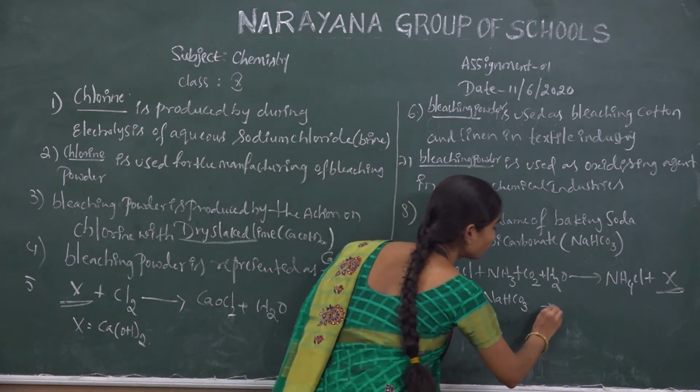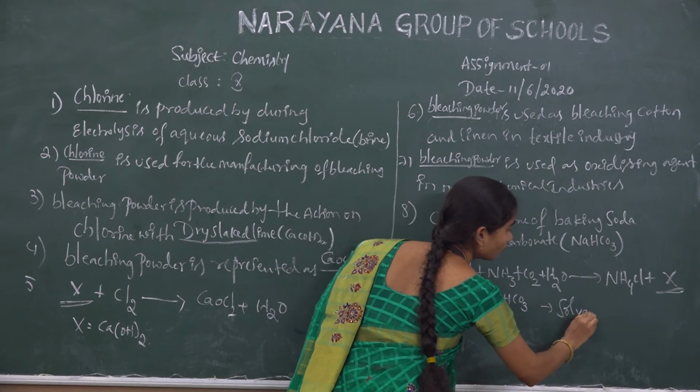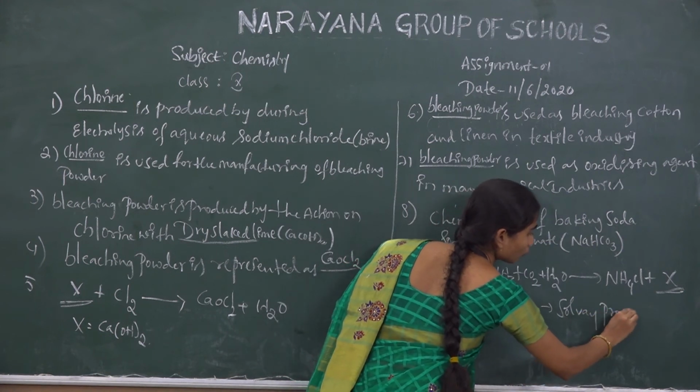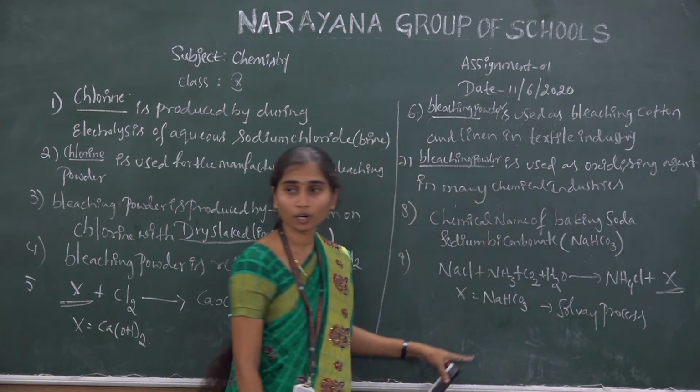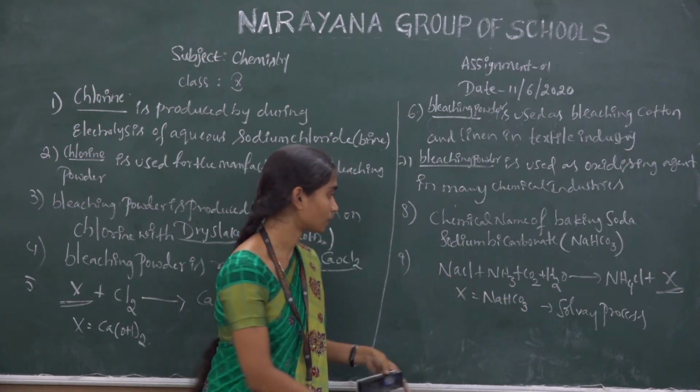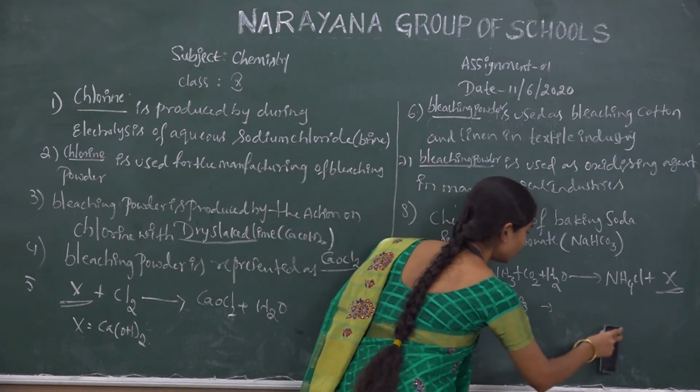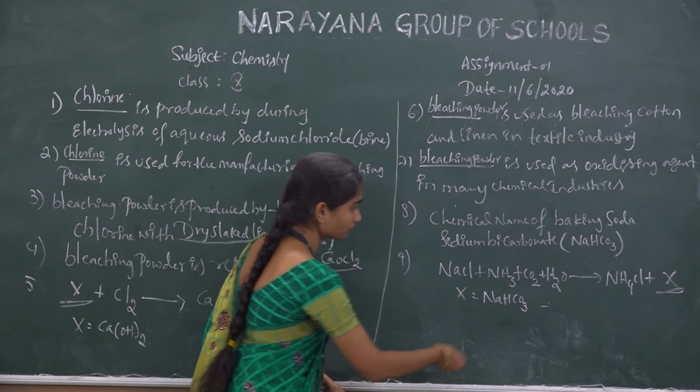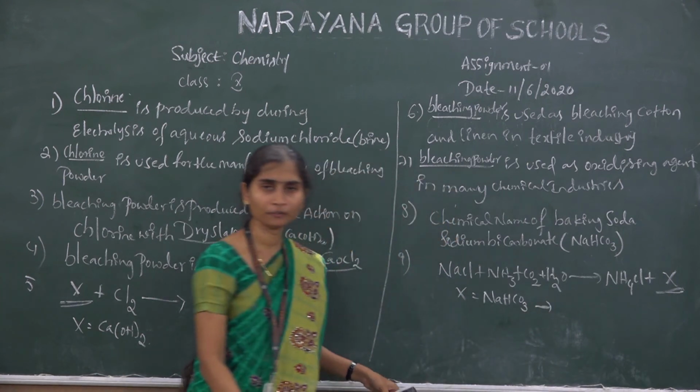And this process we call the Solvay process. Formation of sodium bicarbonate, what are we calling it? Solvay process. So now, in what ways can we use this sodium bicarbonate?